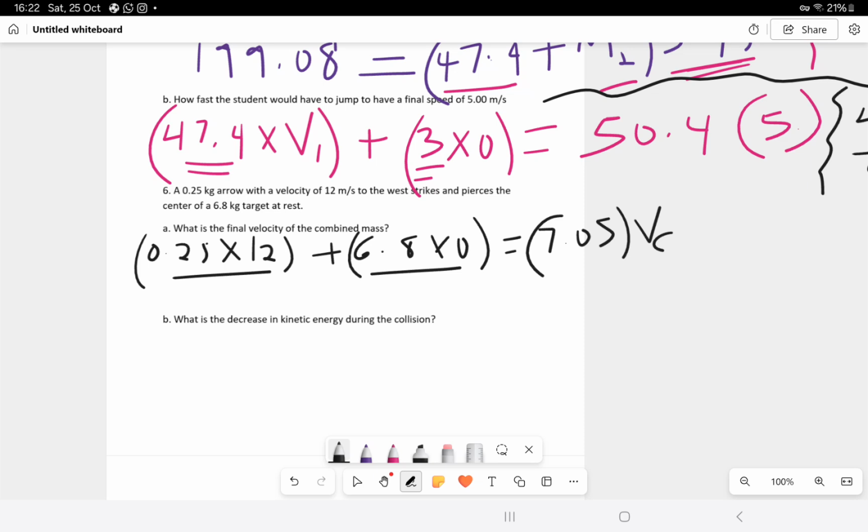So this 3 is equal to 7.05 VC. I need VC, so what should I do? I divide everywhere by 7.05.